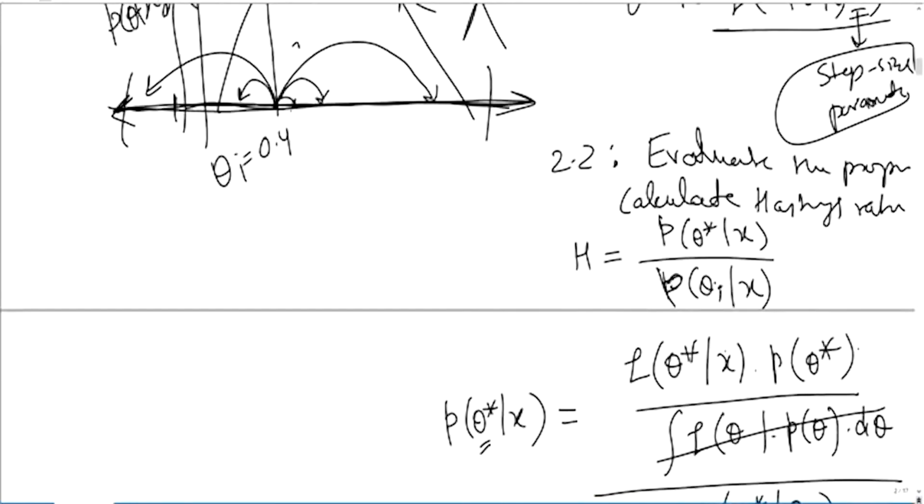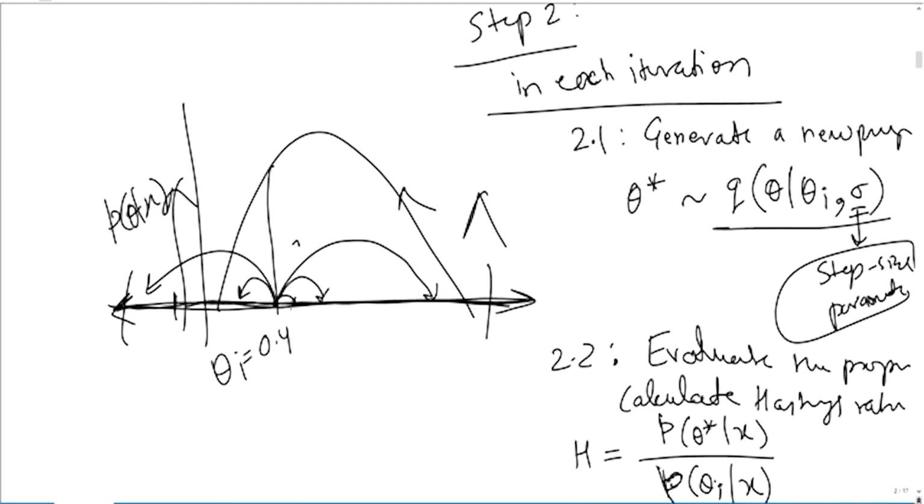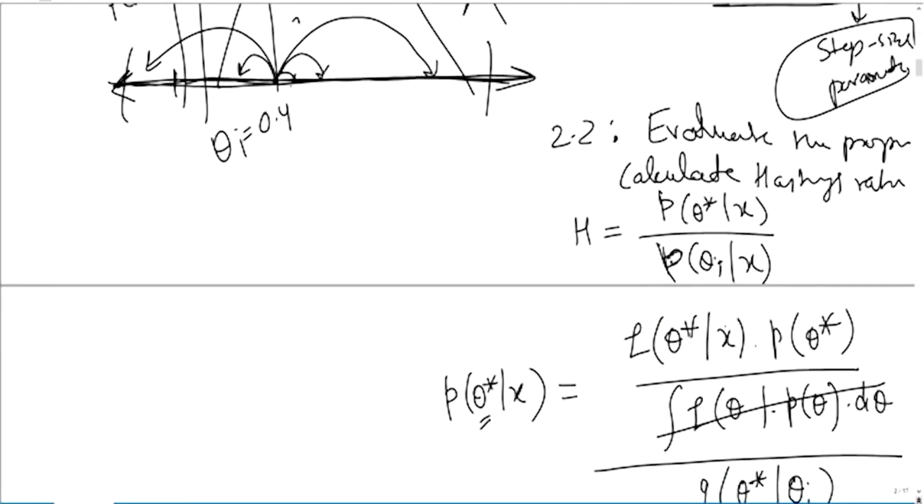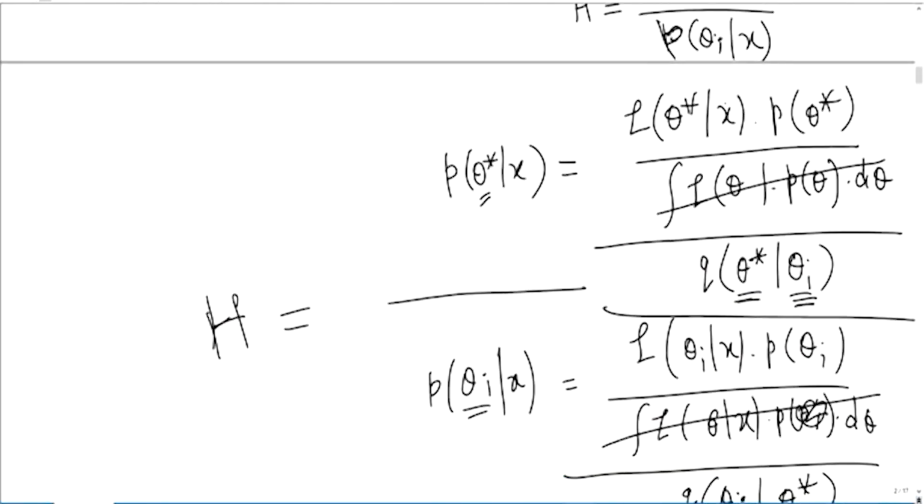Just to briefly summarize again, we start with a proposal generation. We generate a proposal from proposal density q of theta, given the current state of the chain theta I, and also a step size parameter sigma. The step size parameter is important. It determines how much noise you're adding to the current state of the chain. Once you have generated the proposal, you evaluate it using the Hastings ratio.